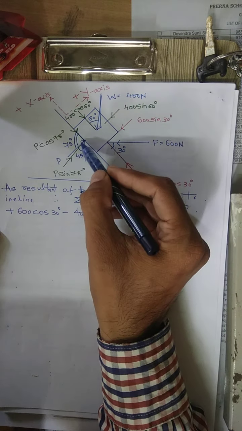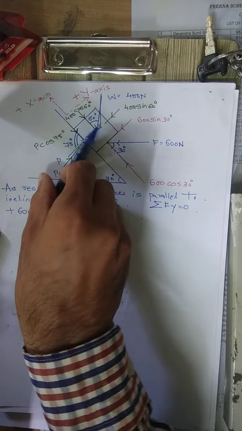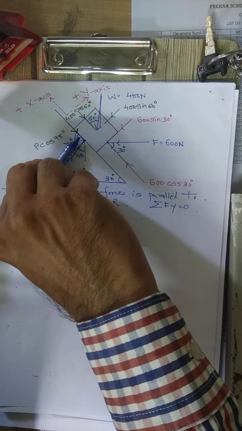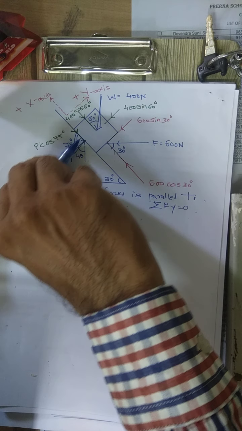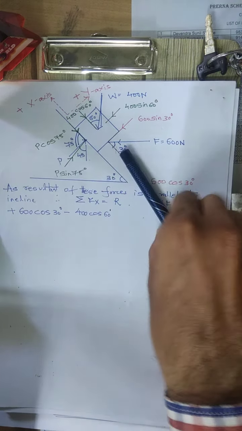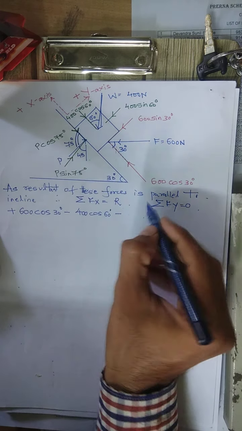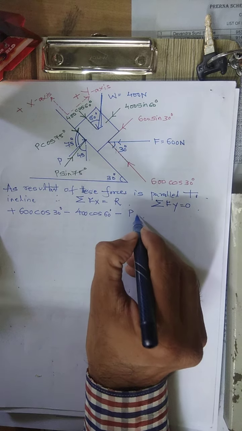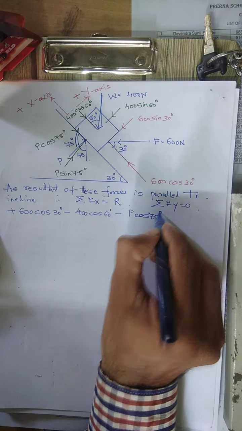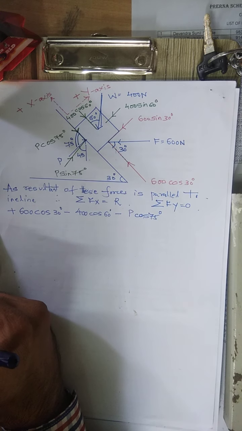Okay, what about the x component of force P? While resolving we have to see the plane also. The direction of this force is downward, so minus P cos of 75 degrees.